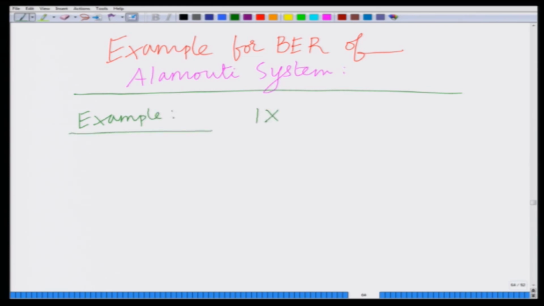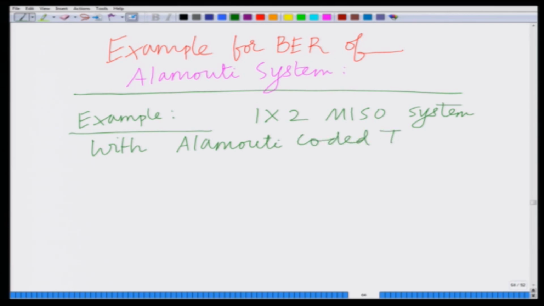Consider a 1 cross 2 MISO system with Alamouti coded transmission, and what we want to do is consider an SNR of 25 dB, and ask the question: what is the bit error rate?